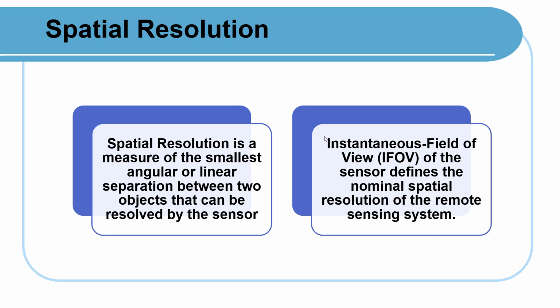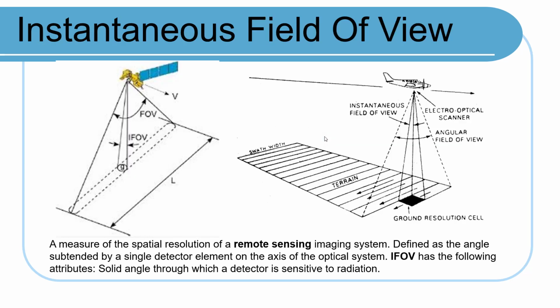We've already seen a picture of an IFOV, and the IFOV of the sensor defines the nominal spatial resolution of the remote sensing system. So here's another schematic, and you can see that the IFOV is below the satellite image on the left. And again, we're measuring the spatial resolution of a remote sensing imaging system.